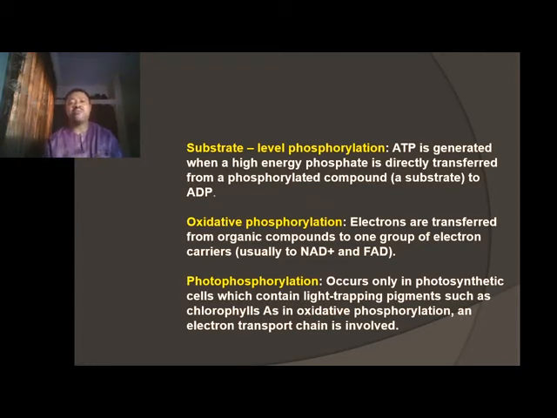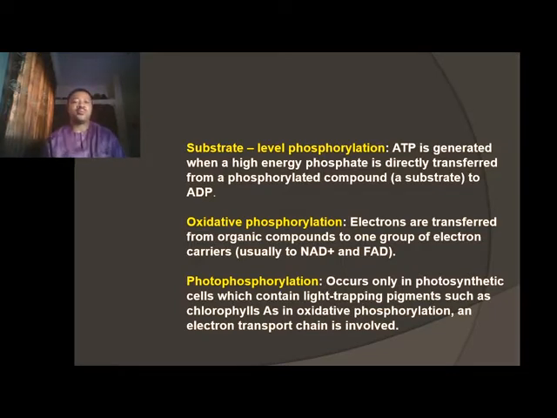For every substrate level phosphorylation occurring, there is a high energy organic substrate molecule. When this molecule is broken down, energy is released, and that energy is used for the coupling of inorganic phosphate to ADP for the formation of ATP.